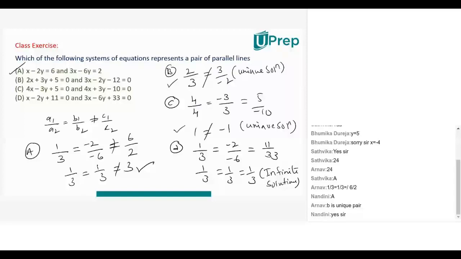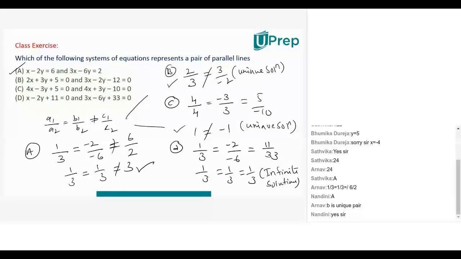Excuse me, sir. Yes, tell me. Sir, if A1 by A2 is not equal to B1 by B2 is not equal to C1 by C2, then what will it represent? It will represent totally different lines. That means this is some random line, this is some random line. One thing is they are not parallel, they are not same lines. Check this once again.